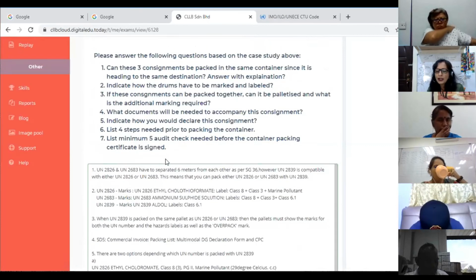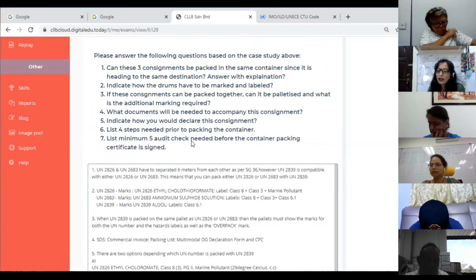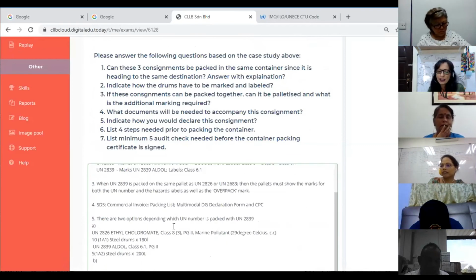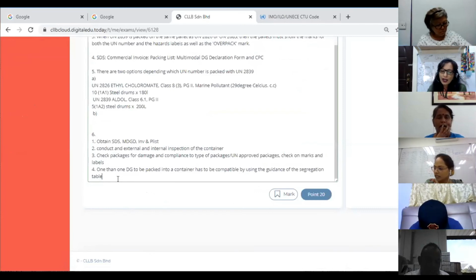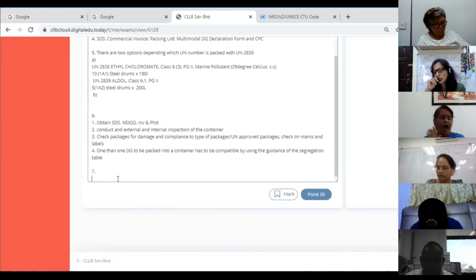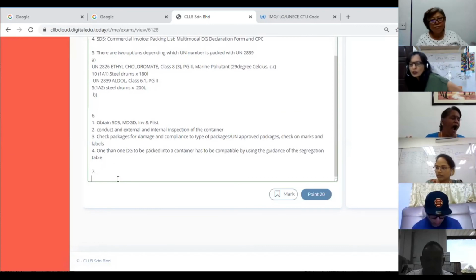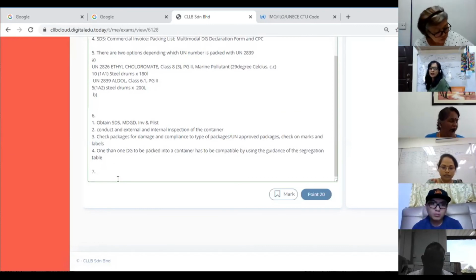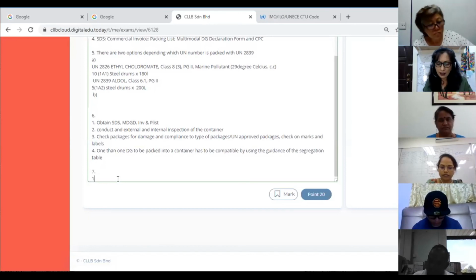Then number 7 says, list minimum 5 audit checks that are needed before the CPC is signed. So before you sign the CPC, they want you to list 5 checks. So you know what you do here? It's so easy. You take the CPC checklist.